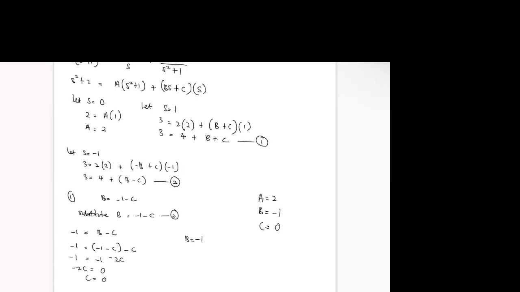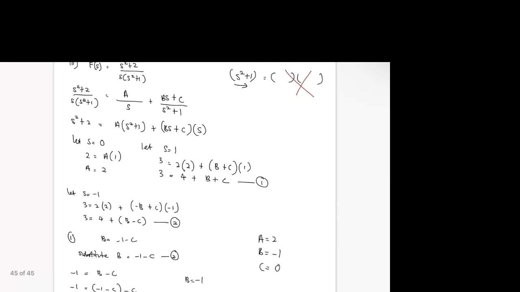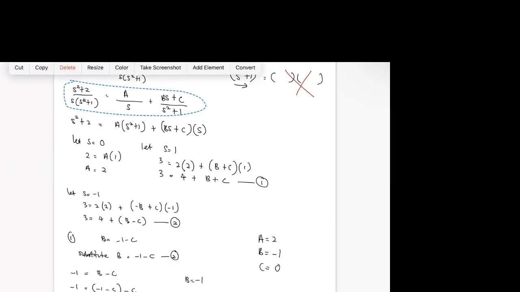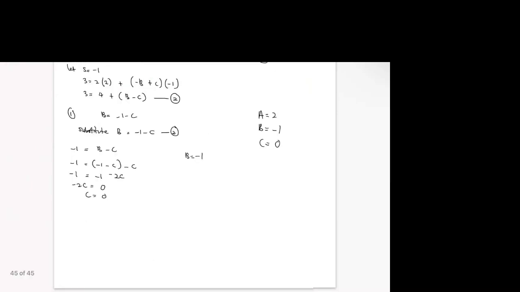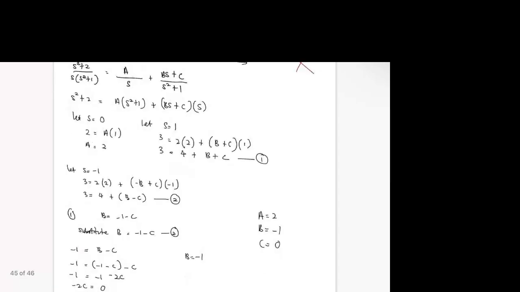So substitute back into a over s plus bs plus c over s square plus 1. So let's copy this one first. So we have a is 2, b is minus 1, c is 0.